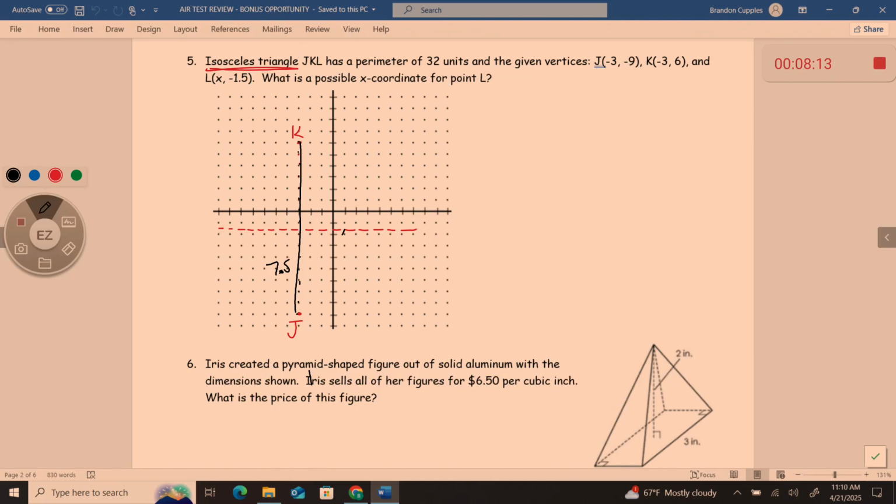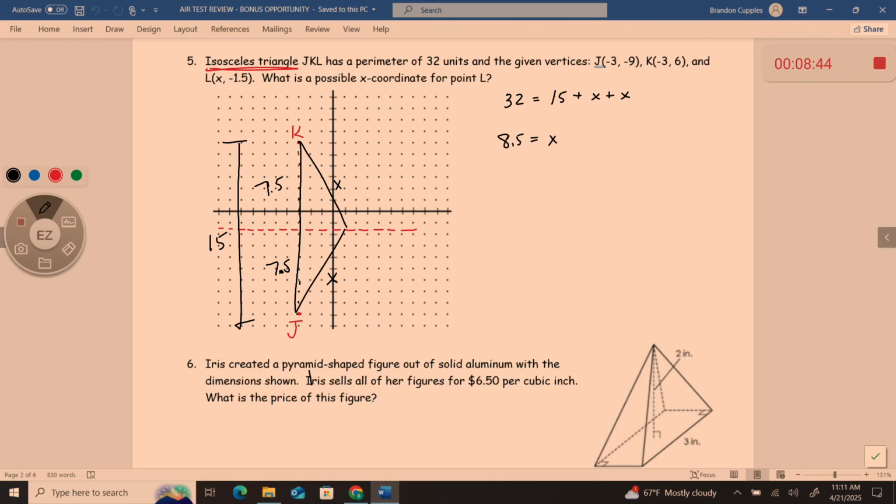Okay. This needs to be, if this is a perimeter of 32, and this whole length is 15, and the two leg lengths are the same, what we could do is 32 equals 15 plus x. What you're going to find out is x is equal to 8.5.